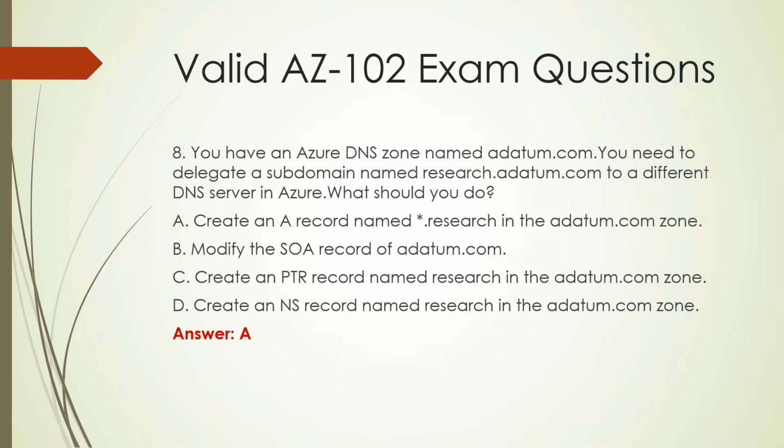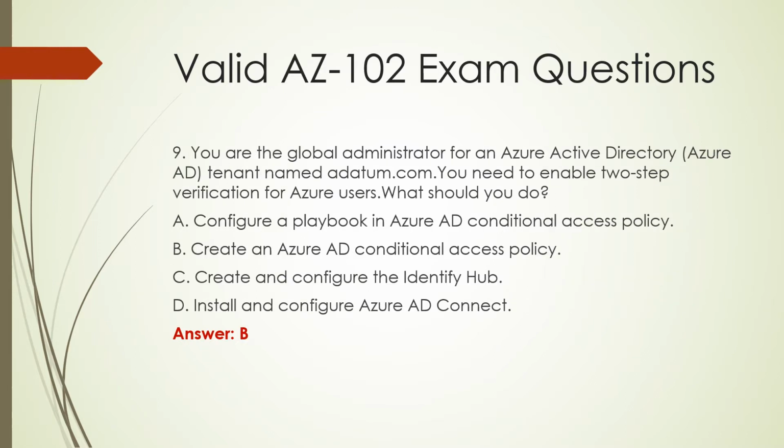C. Create a PTR record named research in the adatum.com zone. D. Create an NS record named research in the adatum.com zone. Answer A.